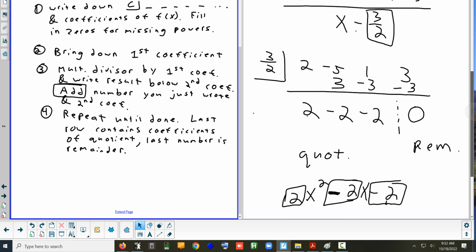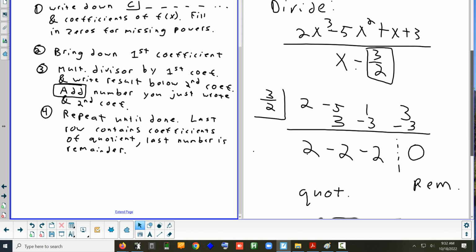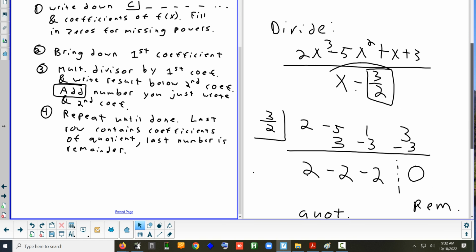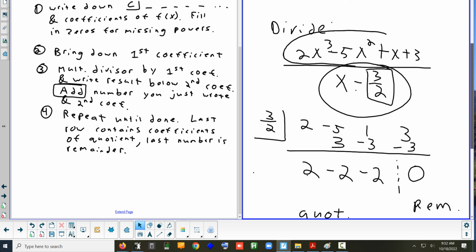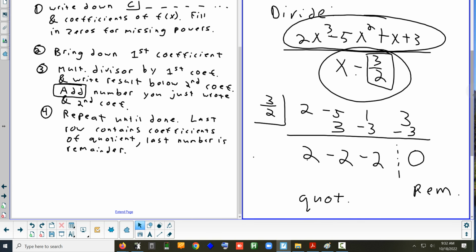So now, we just got a remainder of 0. Remainder of 0, that's kind of important. It tells us something. When you divide this into that, you get a remainder of 0. What does that mean about x minus 3 halves? Yeah? It's a factor of that. Yes, it means that x minus 3 halves is a factor.